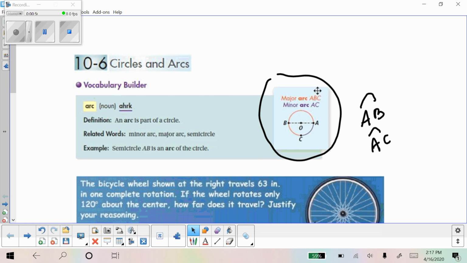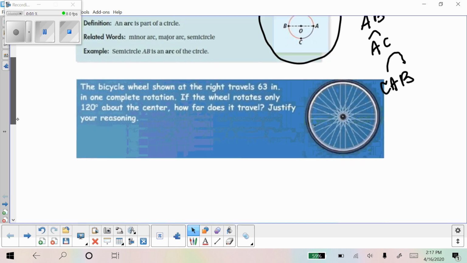And then for a major arc, you actually need 3 letters to show that. We can call it arc CAB, which is a major arc. All right.